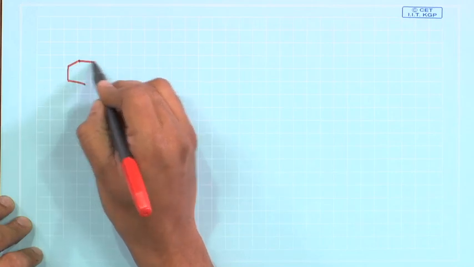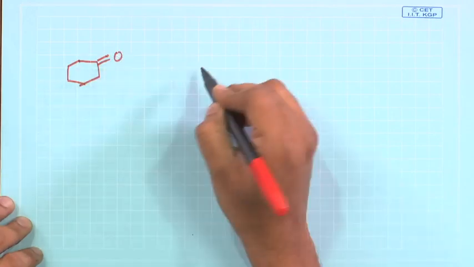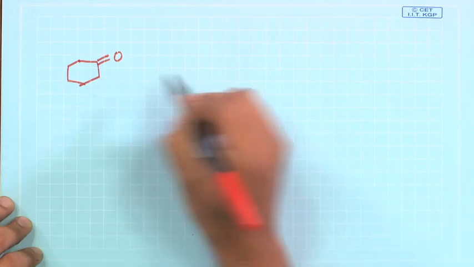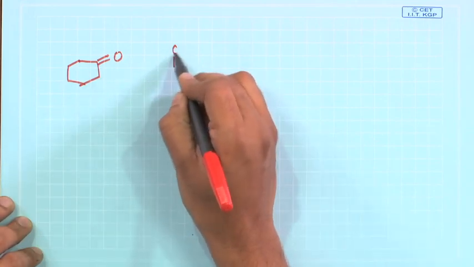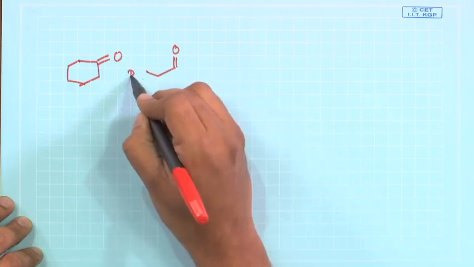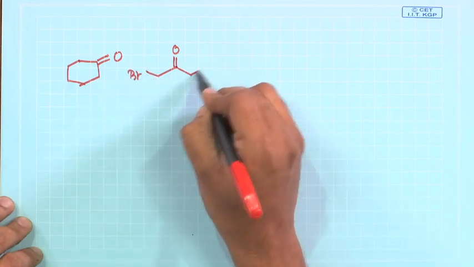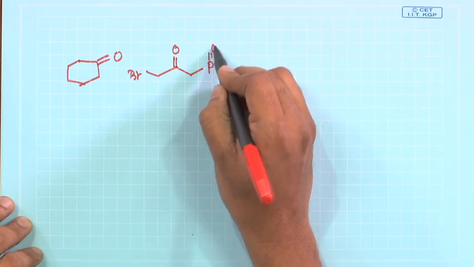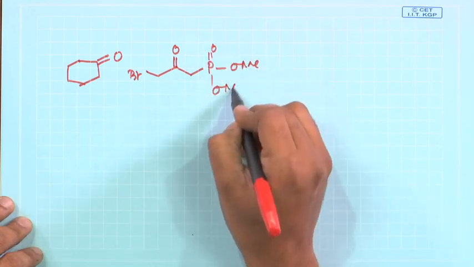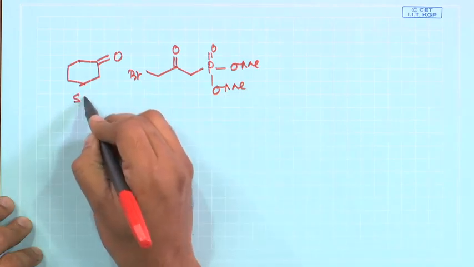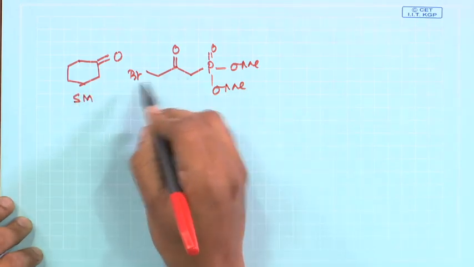Now, let us come to the problem which was given to you. You take the cyclohexanone, and if you have a phosphonate, first you do a base mediated alkylation, as if you have this starting material and this phosphonate.